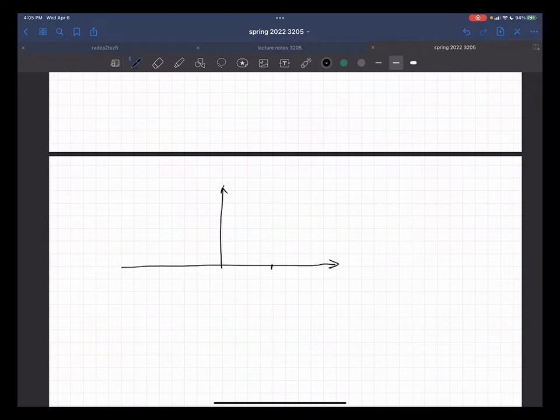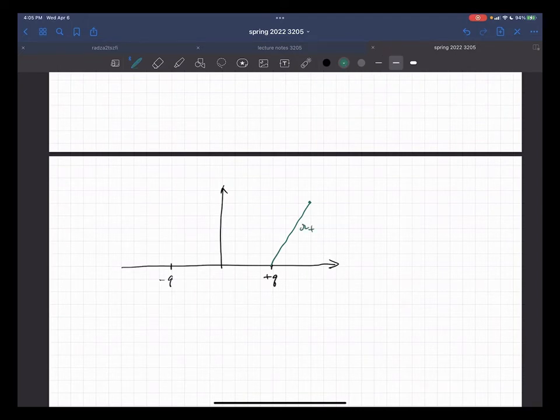And I've got a plus Q sitting here, and then a minus Q here. And let's say we want to figure it out at this point somewhere here. I call that R plus. So I'm not going to deal with vectors actually. So I'm just going to do R plus.